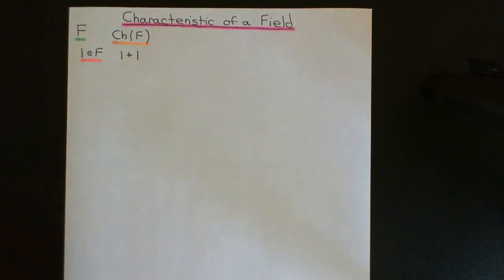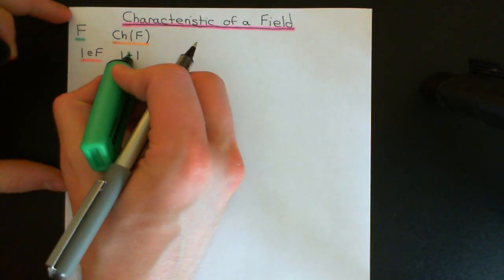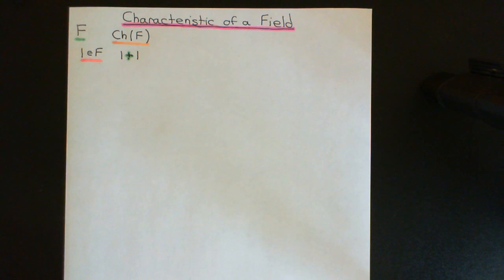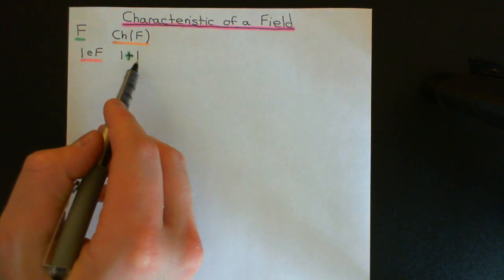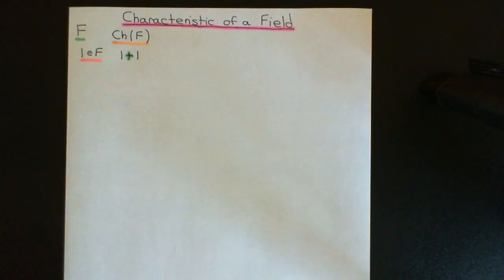You do this in your field, so your field will have an addition law defined on it. You add 1 to itself and you get some answer, and you ask, is this 0? If it is, brilliant, you say the characteristic of that field is 2, because I had to add two 1s together to get 0 back again. That's the definition of the characteristic of a field.